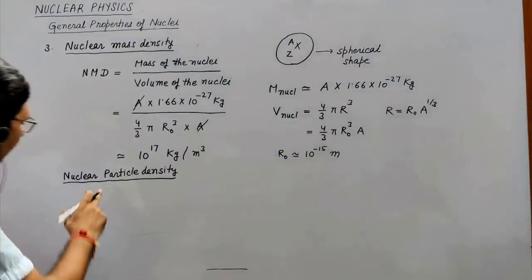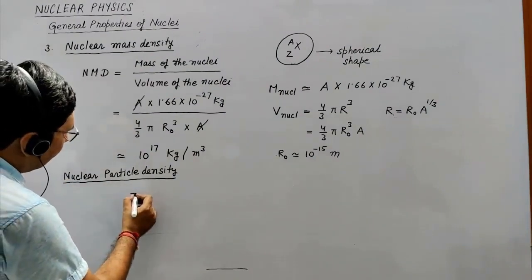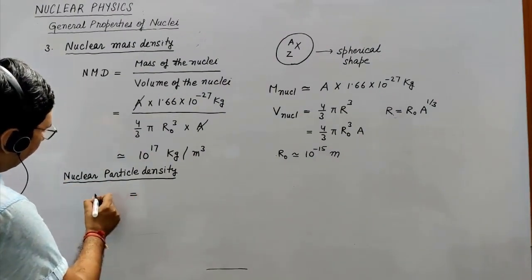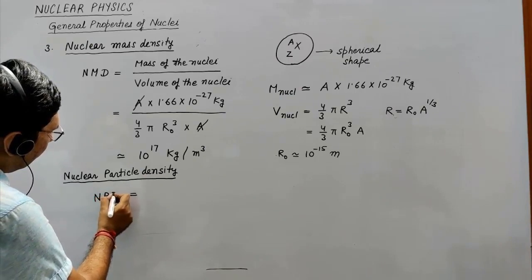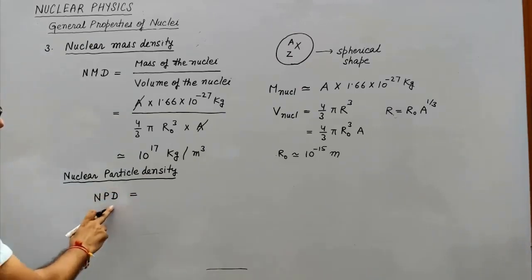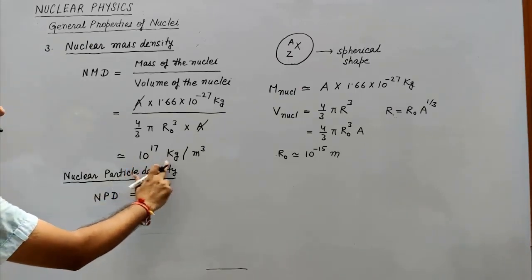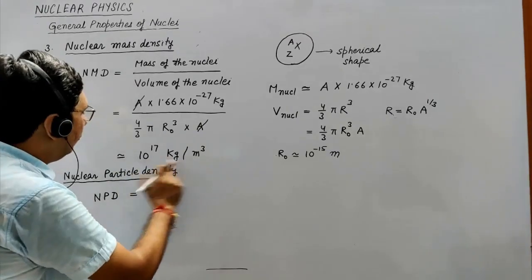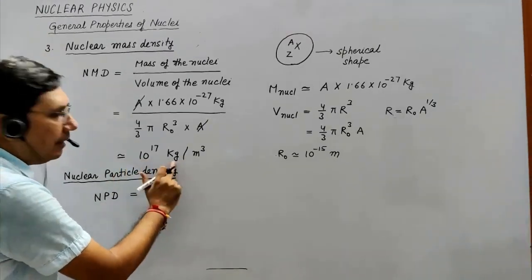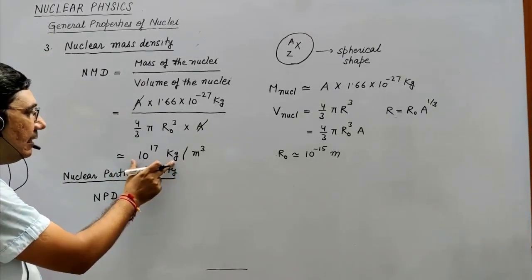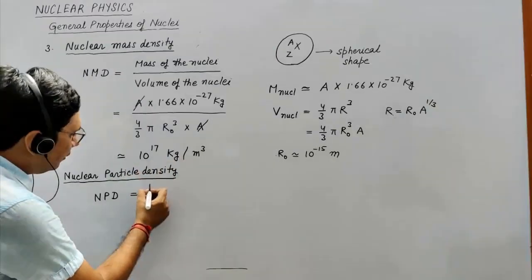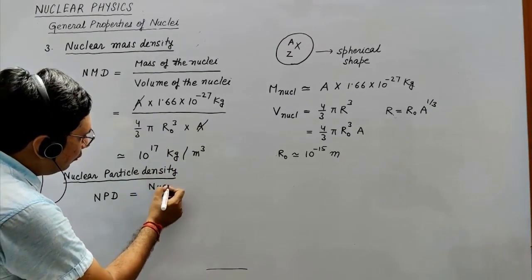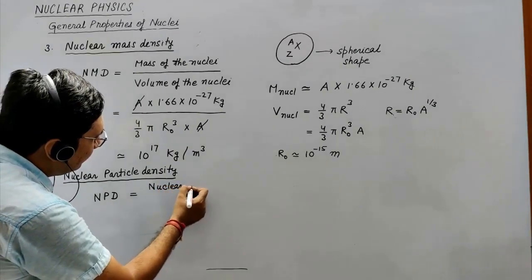So how can we calculate this nuclear particle density? It is easy to calculate. We have already calculated that in 1 meter cube, this 10 power 17 kg is the mass.